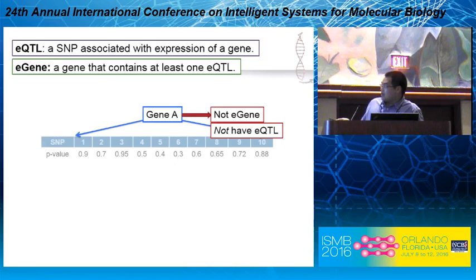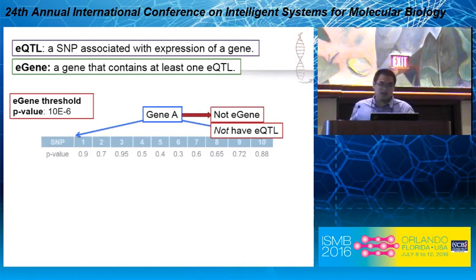And this gene is not an eGene because the minimum p-value here is 0.3. You can see that the eGene threshold p-value is 10 to the negative 6, which is a lot smaller than 0.3. I have not described what this eGene threshold p-value is yet; I will describe it very shortly. For now, just take this number for granted. So gene A is not an eGene because the minimum p-value is a lot higher than this threshold.